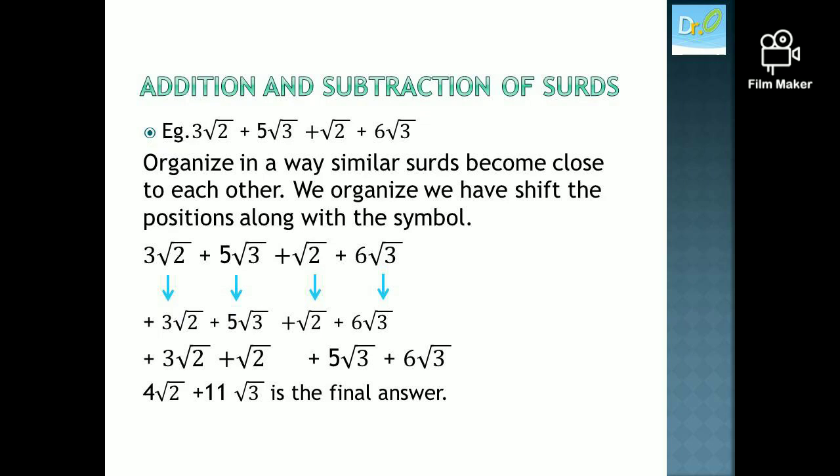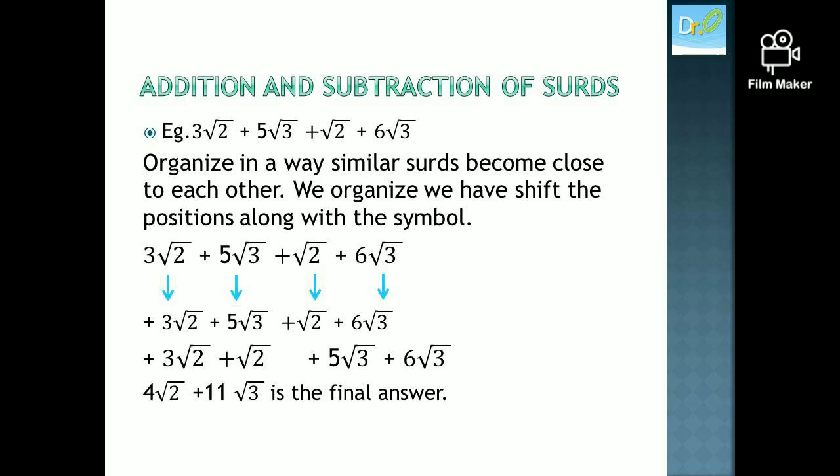It's plus 3 root 2. 5 root 3, that is plus 5 root 3. Root 2, that is plus root 2. 6 root 3, that is plus 6 root 3. So when you bring this root 2, bring it along with the symbol in front of that. Therefore, you can write 3 root 2 plus root 2 plus 5 root 3 and plus 6 root 3.